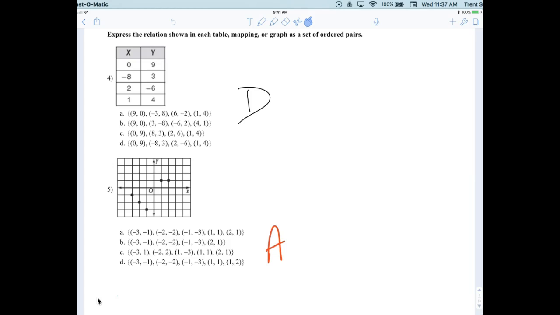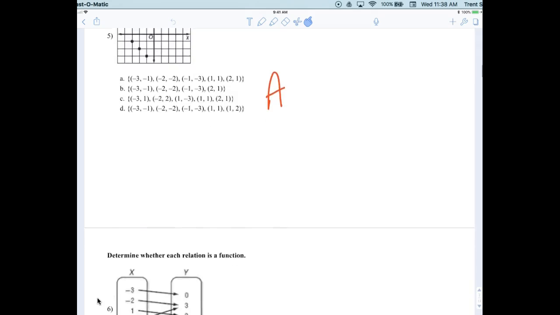The last one should be 2-1, not 1-2. You guys see that? Oh. You all right? Good. Make that correction. All right, pretty straightforward.